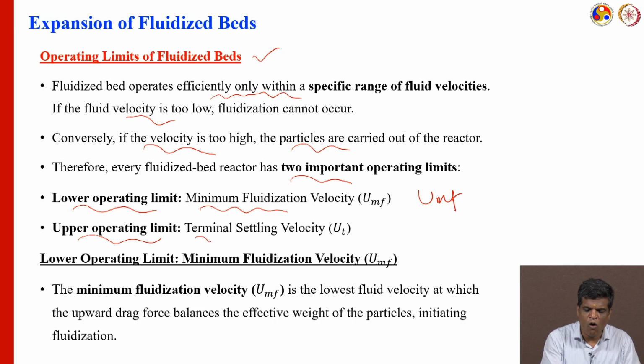And we cannot increase beyond the terminal settling velocity, because then the particles will come out from the reactor. So we have to maintain a specific range between the lower and upper operating limits in the fluidized bed reactor. The lower operating limit is called the minimum fluidization velocity.